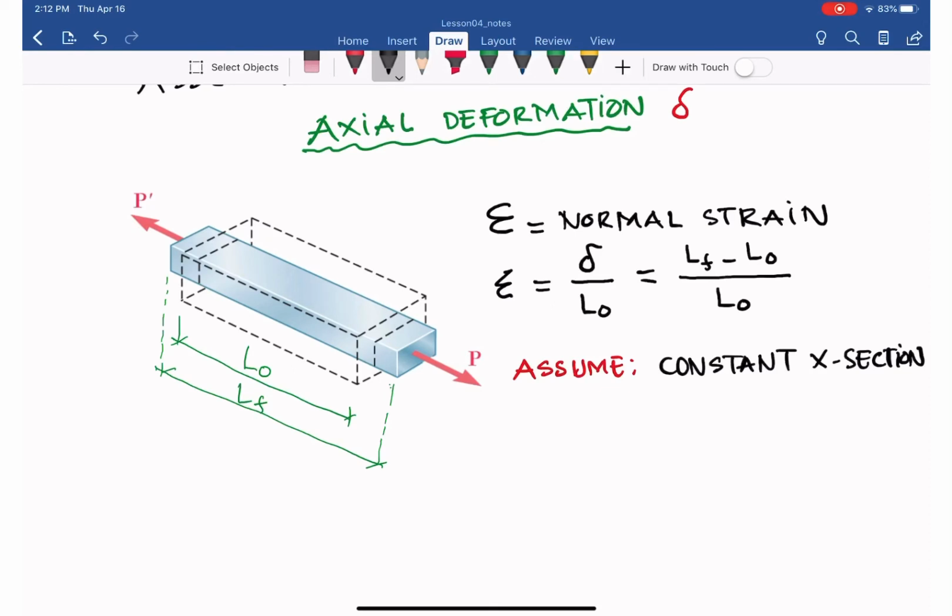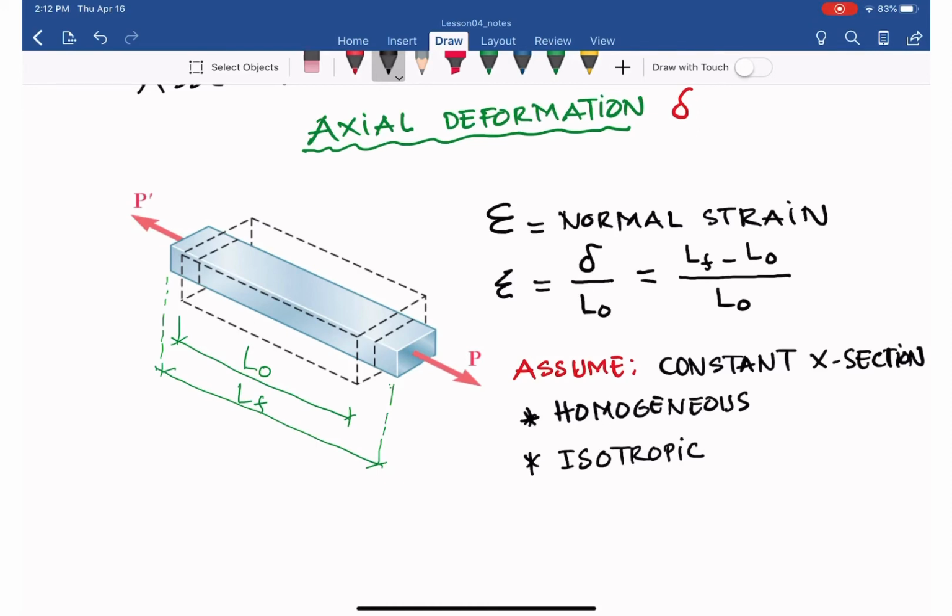Then we also say that the material is homogeneous, the same material throughout. We also assume isotropic. If you recall, when we talked about the Poisson ratio, we also mentioned isotropic. It means same properties in all directions.